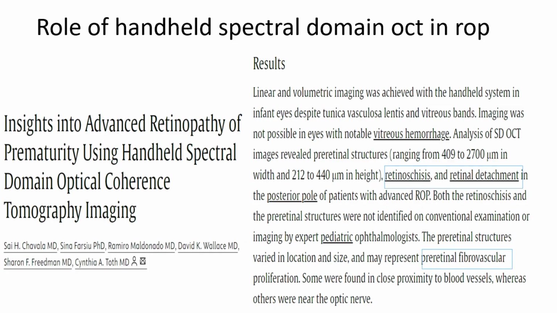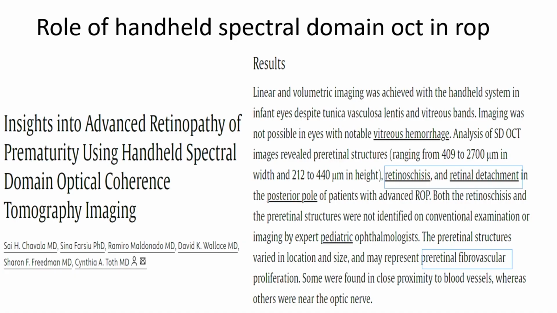But in general, 6 months to 1 year. Beyond 1 year, even if you see a stage 5 ROP, you can operate, there's no doubt about it. But the retina is so degenerated that you will get nothing out of it. The child probably has zero visual outcome.